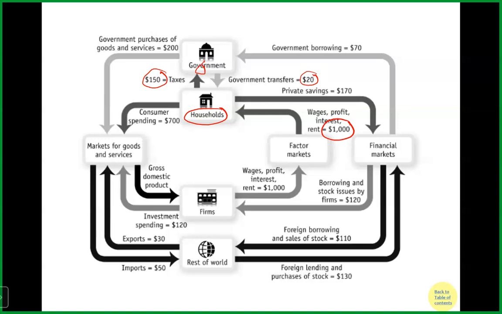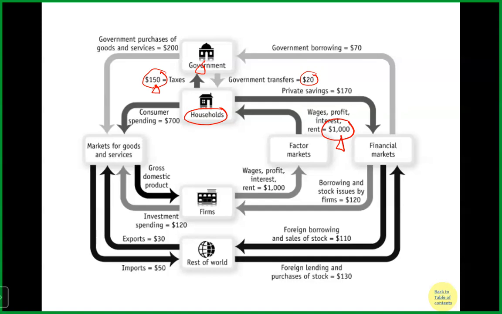Sometimes students make the mistake of saying the total income is this number plus this number. I'm going to tell you there's double counting. Why? This 150, yes, it's government income, but it comes from here, right? So if you just add them together, it's double counting.